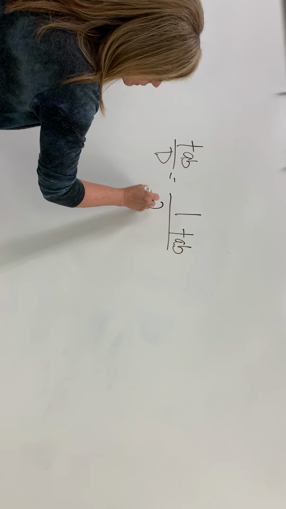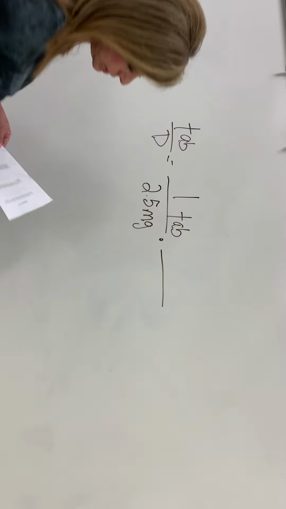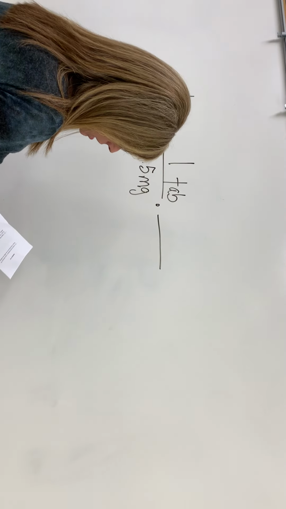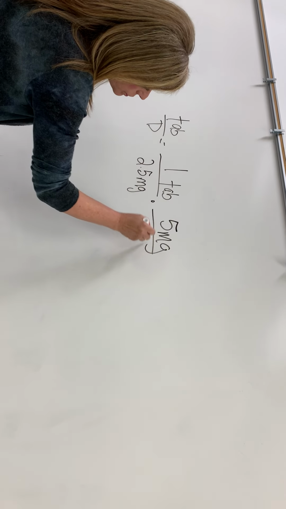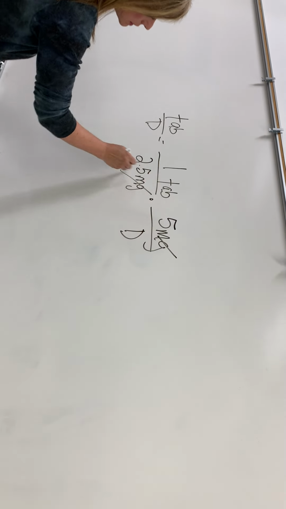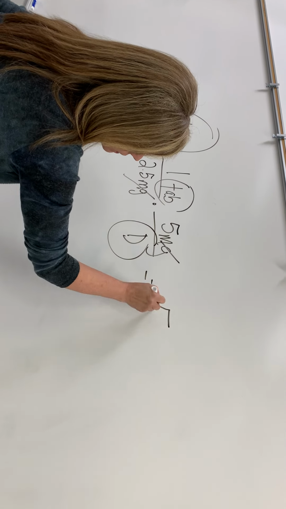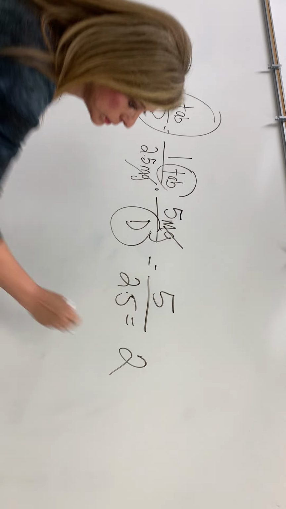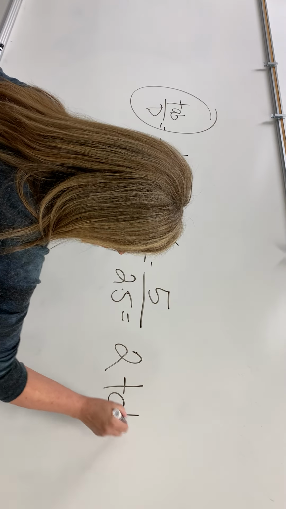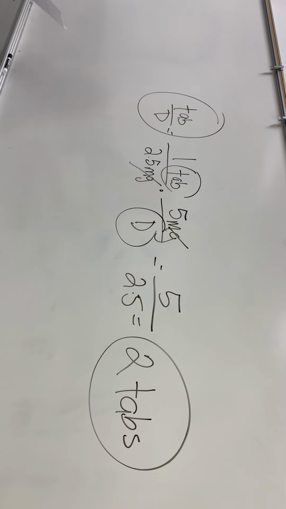On hand we have 1 tablet is equivalent to 2.5 milligrams, and the physician has ordered 5 milligrams over dose. We take off milligrams, and this is what we're looking for. So 5 divided by 2.5 is going to equal 2 tabs, and don't forget, we circle our answer. That's number 2.